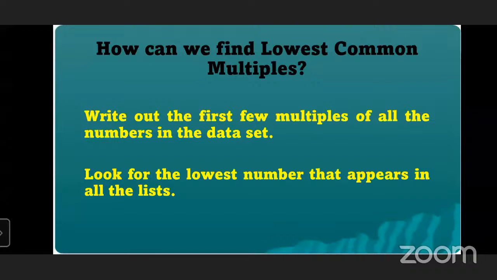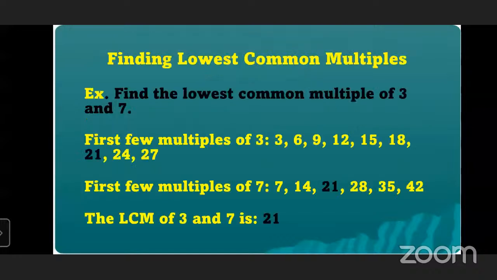What we have to do is write the numbers that come in the table of the given number. Now, look for the lowest number that appears in all the lists. We have to check all the numbers that come in the tables of the given numbers. Now let's take an example of finding the lowest common multiple.